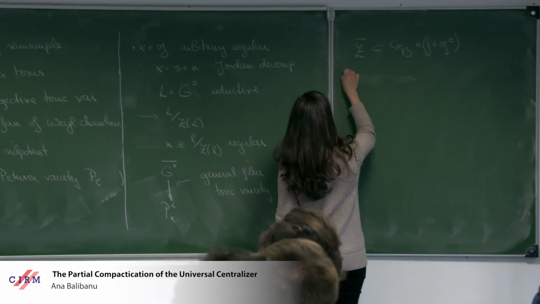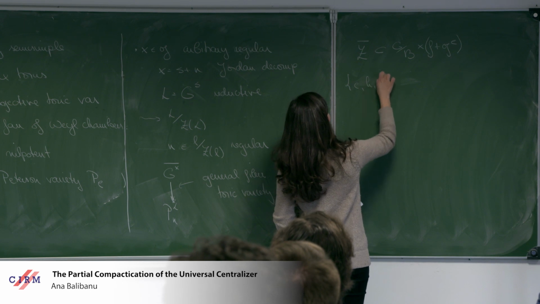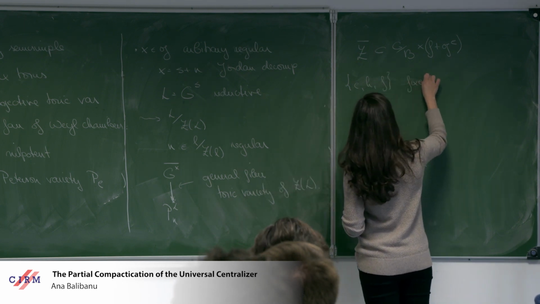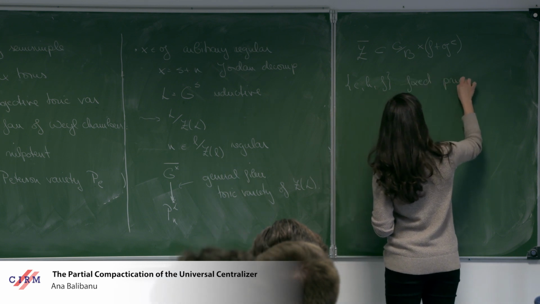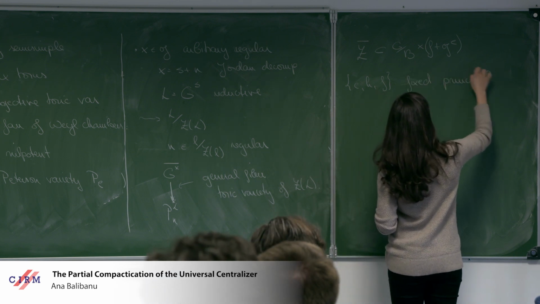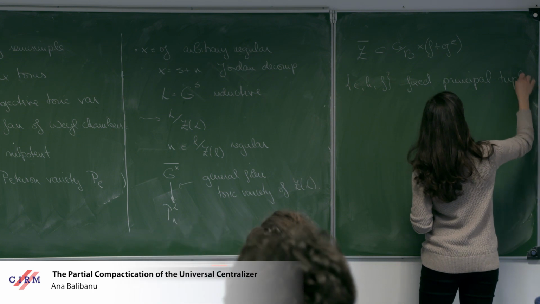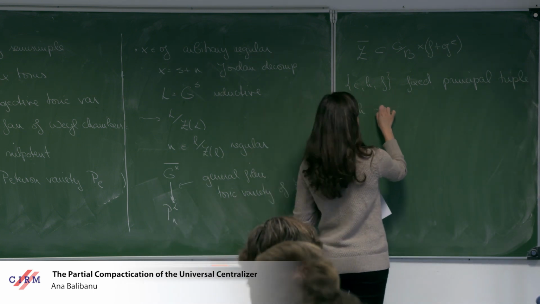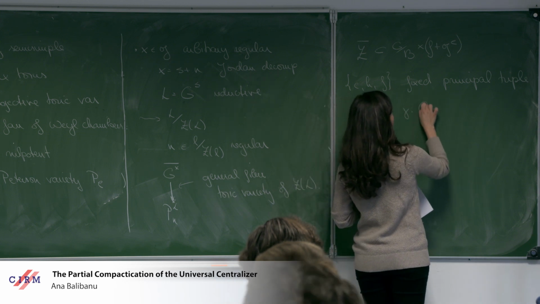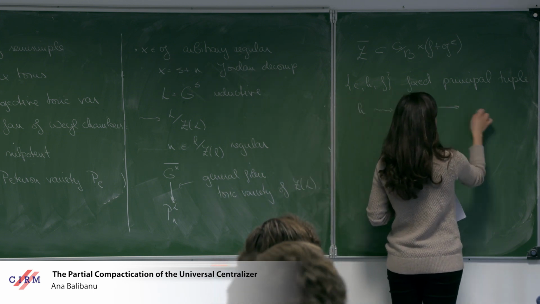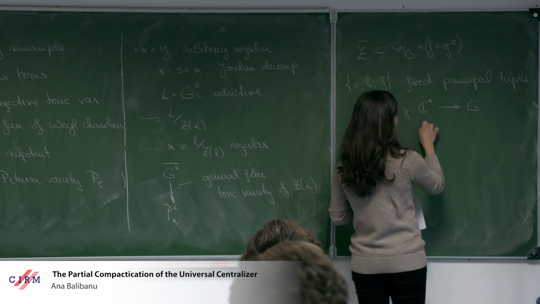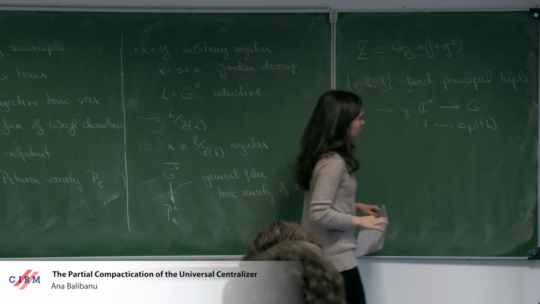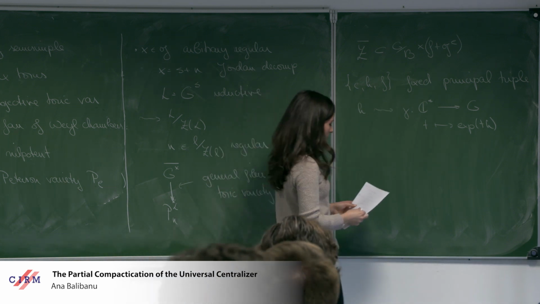So remember that we fixed a triple e, h, f. And the regular semisimple element h gives me a map from C star into the group G that just takes t to exponential of th.